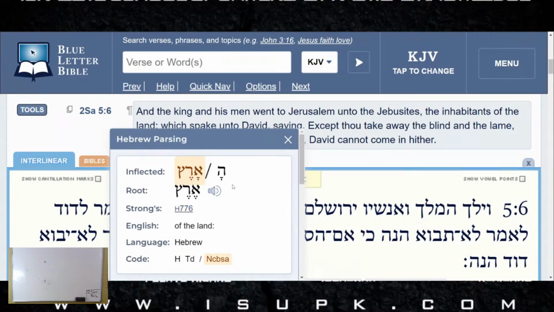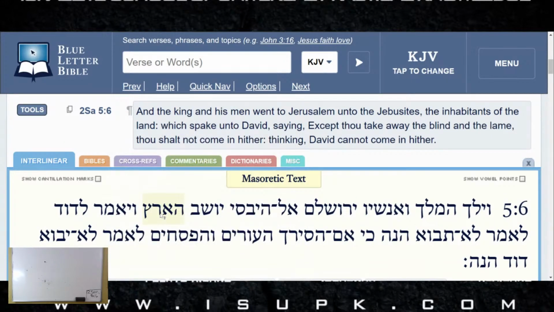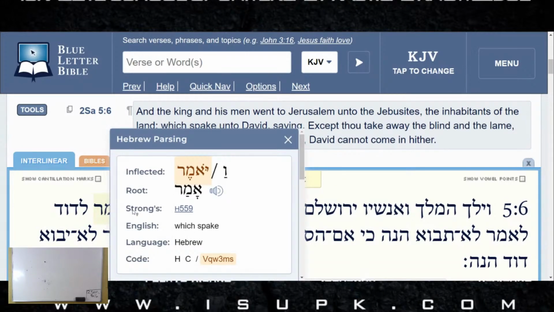Ha'aratazah, of the land. Of was assumed. Of was not written out. Of the land. Ha'aratazah, of the land. Right? Waya'amar, and he said. So this is one of the times where they use speak for Amar.